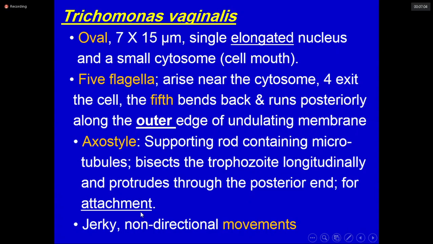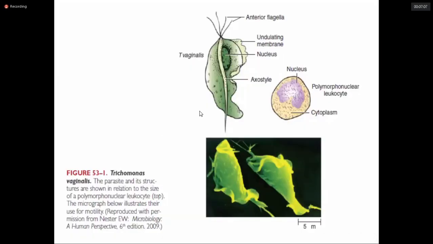You can see it here. This structure here is polymorphonuclear cells, just for comparison of the size. And this is a real EM structure, where you can see what I have described.